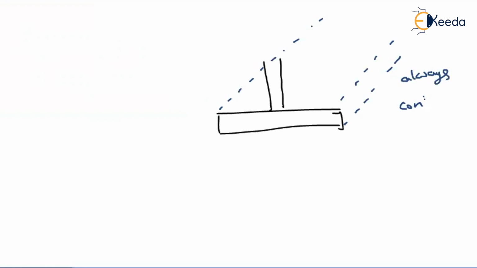As along one dimension it is continuous, this problem can be analyzed in a two-dimensional way. So either you can say it is semi-infinite, or you can say it is applicable for the continuous footing.